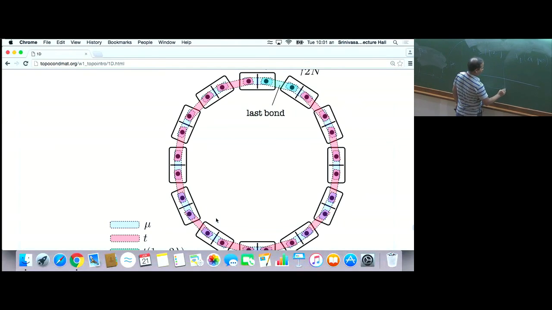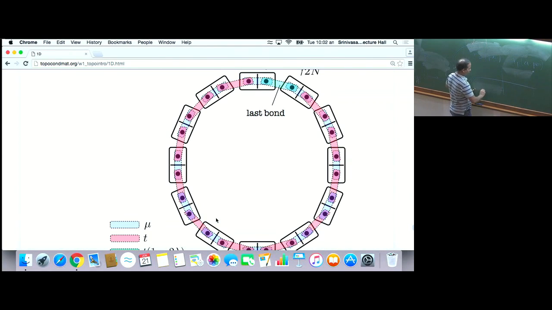my fermion parity at some point will just jump. Actually, sorry, I don't know exactly how it changes, but I know that the fermion parity at lambda equals 0 and the fermion parity at lambda equals 1 must have opposite signs.